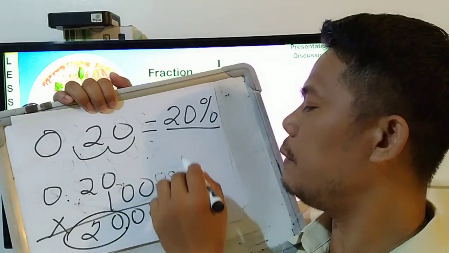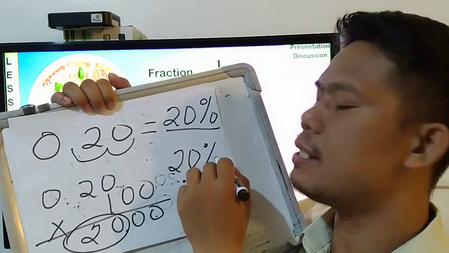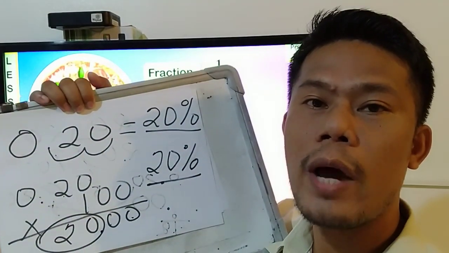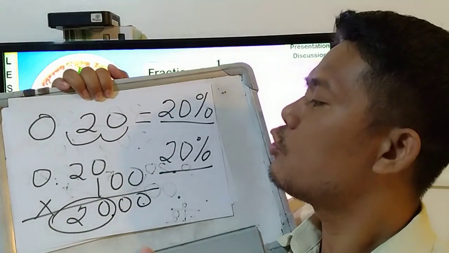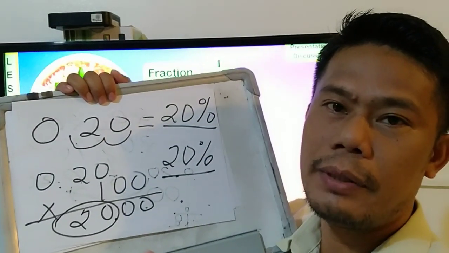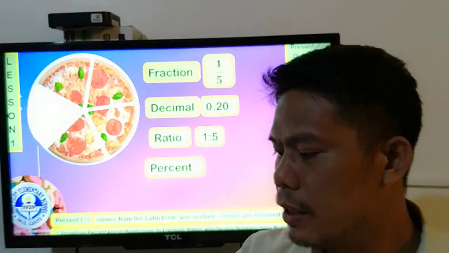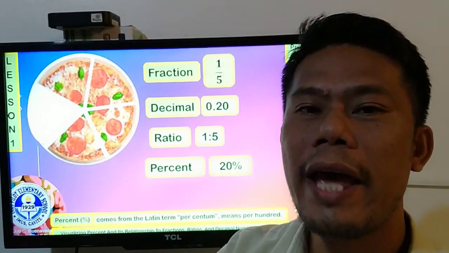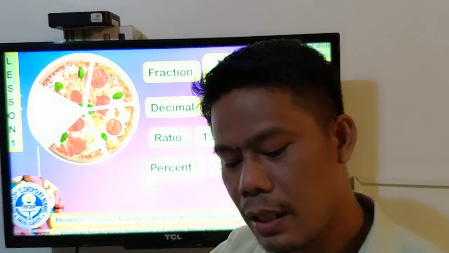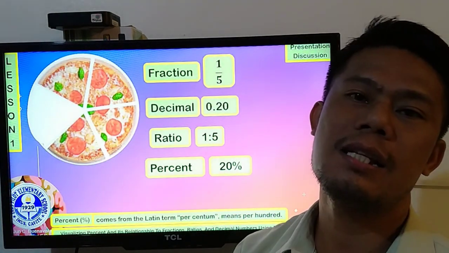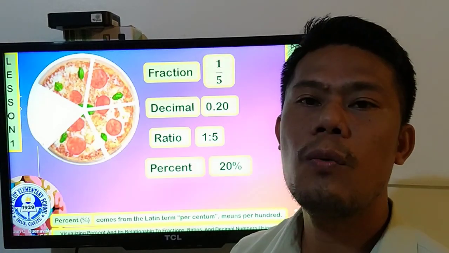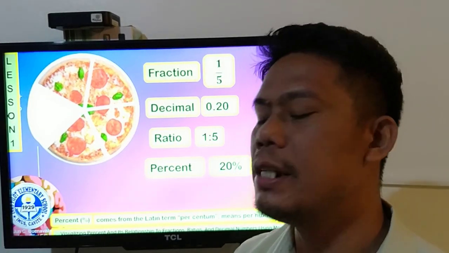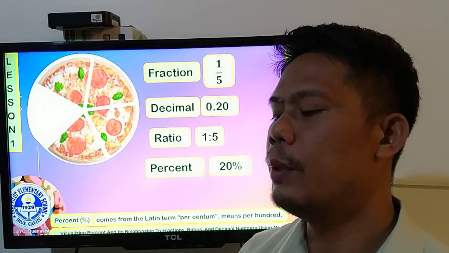You're going to copy 20, then write the percent sign. So it becomes 20%. That is how to change a decimal number to percent. So again, 1/5 in decimal number is 20 hundredths, in ratio is 1:5, and in percent is 20%.